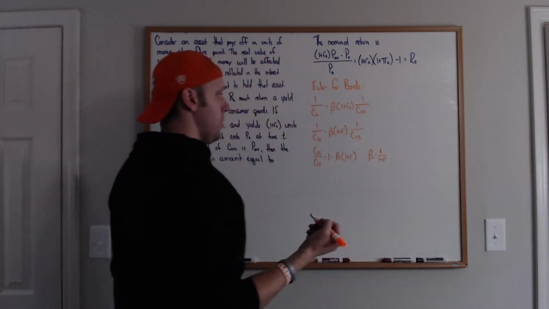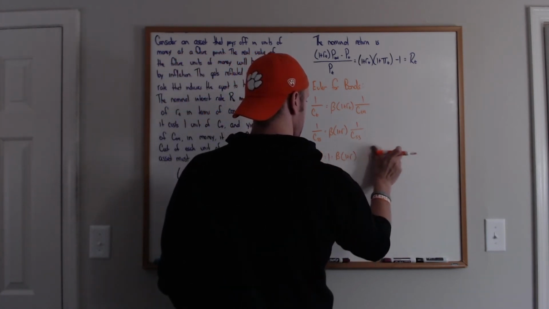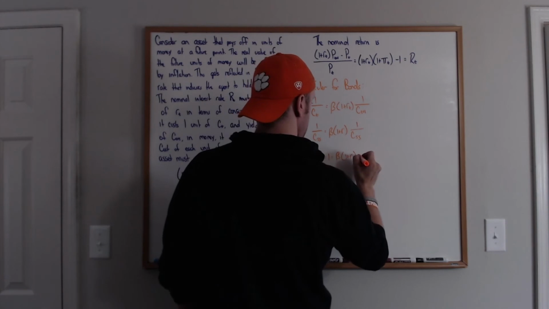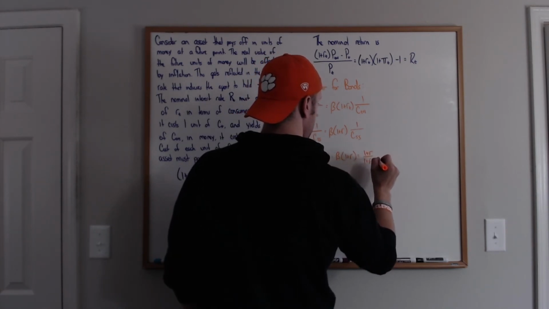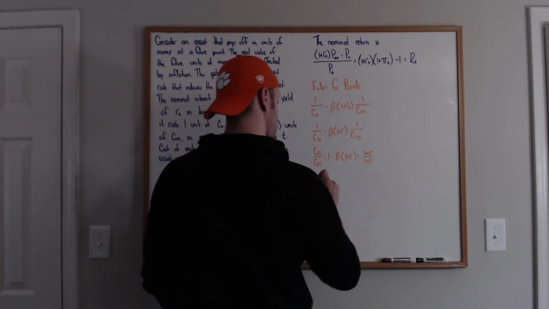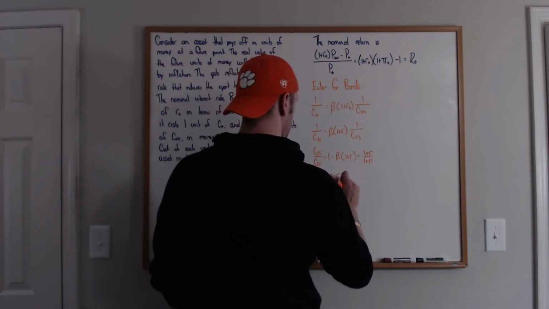Well, beta is equal to 1 over 1 plus rho. So this is really 1 plus r over 1 plus rho, which is equal to 1. Which means 1 plus rho equals 1 plus r, so rho equals r.